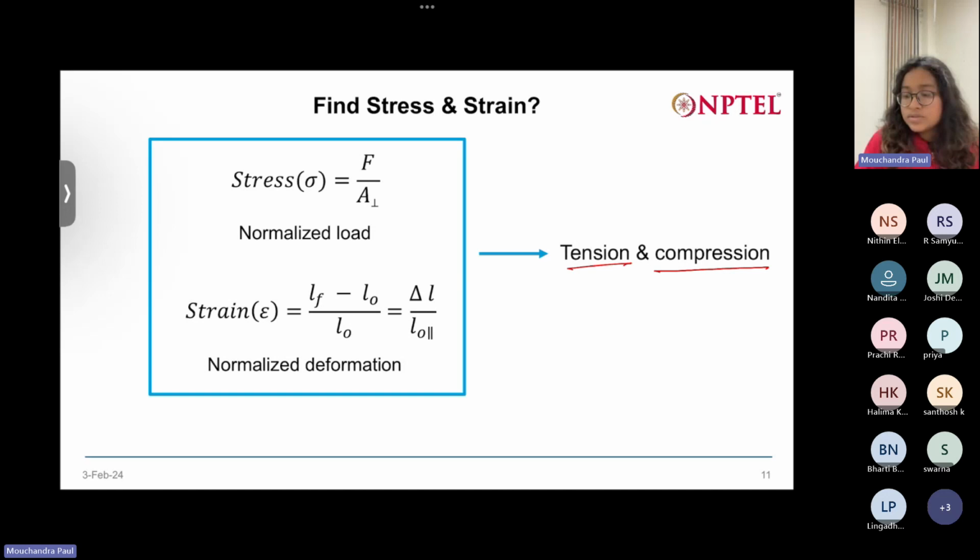So stress is a normalized load. What is normalization? Normalization is actually a mathematical process, but qualitatively, it is a way to make various kinds of materials equal so that you can compare.